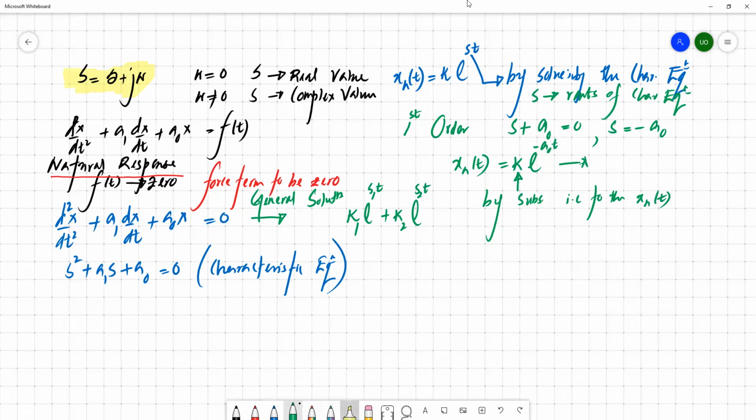So s1 and s2 are the roots of the characteristic equation.